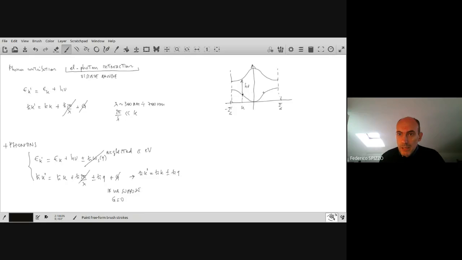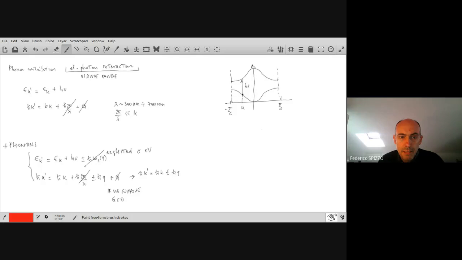So in this diagram here, we need to consider also the contribution of the phonon when representing the final state for the electron.